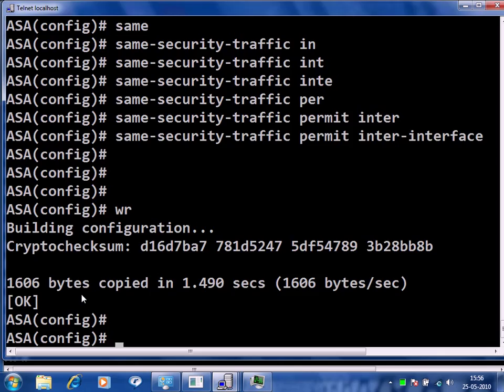Anything on an ASA, when the ASA encounters the word inside, whether capital, small or anything, it will by default assign the security level as 100. The rest of the things are by default 0. If you want to override, you can override it, even inside. But these are the two defaults.